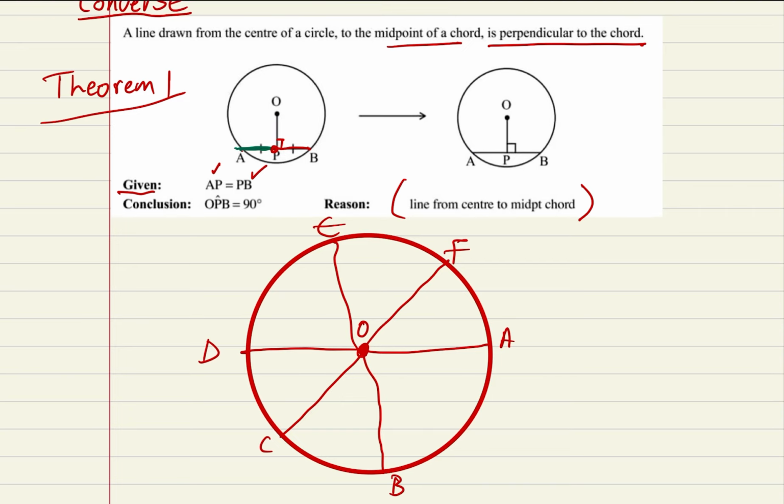I know that OF is equal to OA, which is equal to OE, which is equal to OD, which is equal to OC, which is equal to OB. Why is it so? It's because these are radii. So these are equal radii.